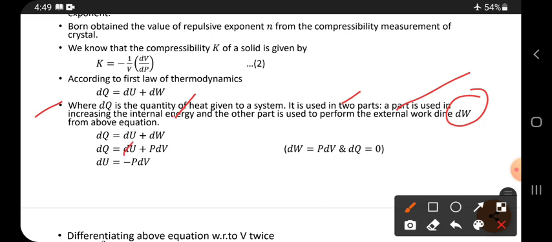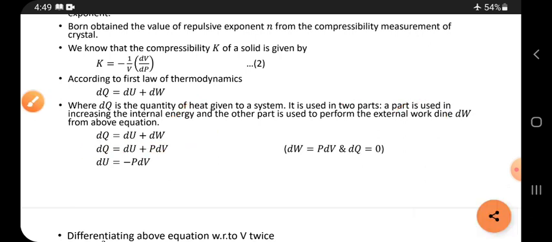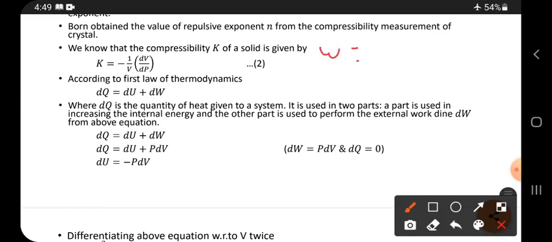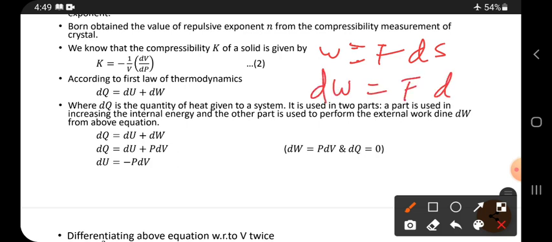From the above equation, dq is equal to du plus pdv. How can we get pdv? That is important here. Here dq is 0, but how do we get pdv? Work we already know: work is equal to force into displacement. For a small work, the force and displacement are small. Pressure is equal to force by area, so force is equal to pressure into area.